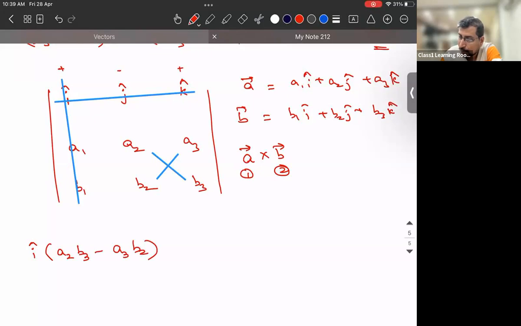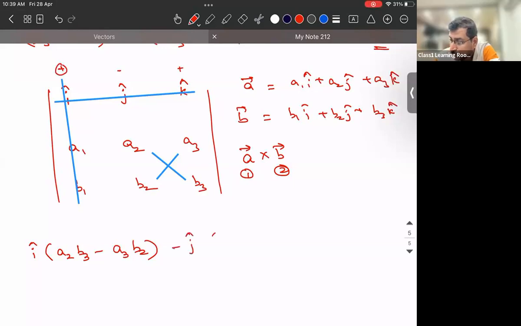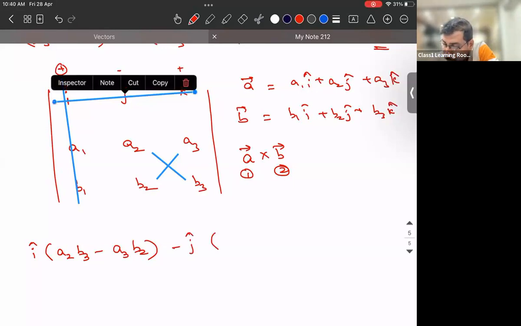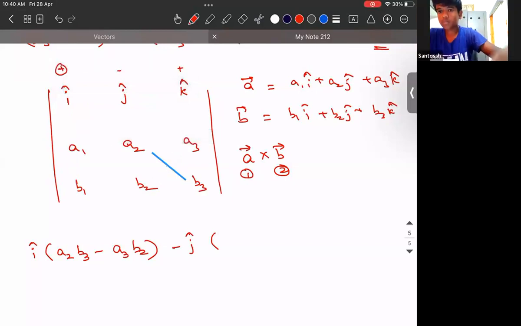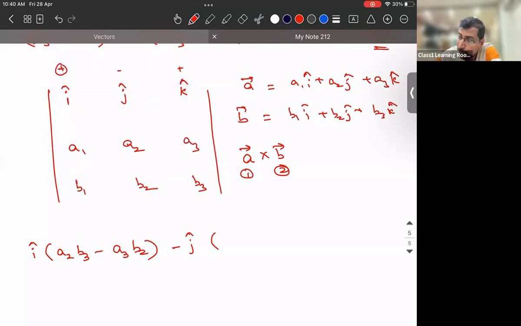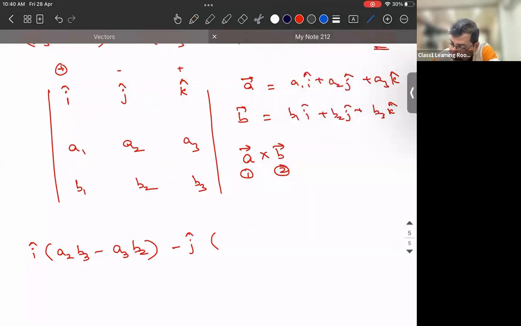So you started with I cap to be plus because you put a plus here. For J cap, what is there on the top? You have minus. So you start with minus J cap, open a bracket. Now what you're supposed to do is hide the corresponding row where J cap is there and hide the corresponding column.